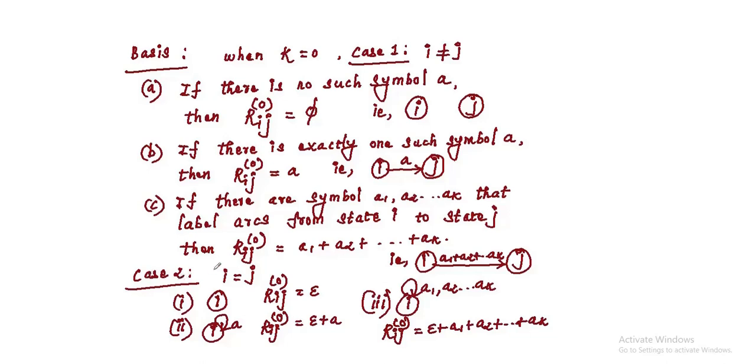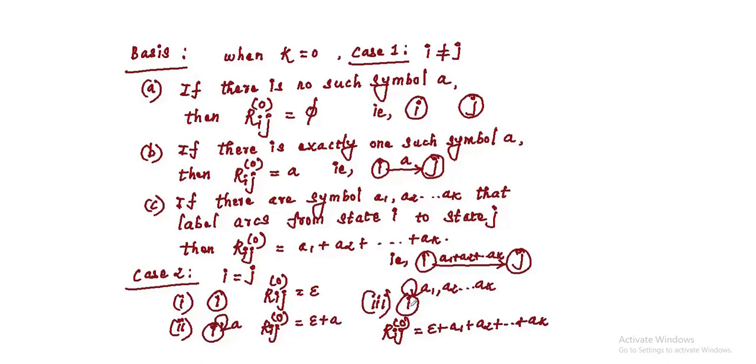Coming to case 2, i equal to j. There is a state i, there is no transition, then how do we write Rij? Rij raised to the power 0 equal to epsilon, because there is no transition here. Next one, state name i, there is a self loop a, then we need to write Rij raised to the power 0 equal to epsilon plus a, because we are having the self loop, but we need to include epsilon. So epsilon plus a.